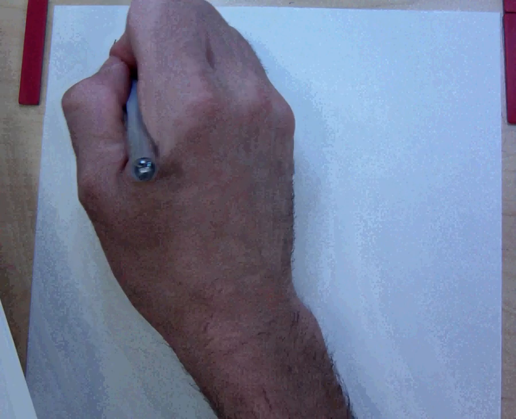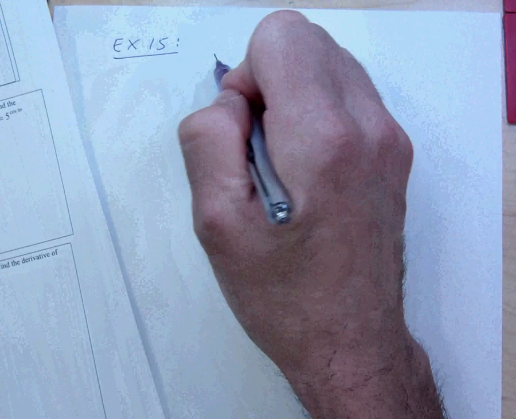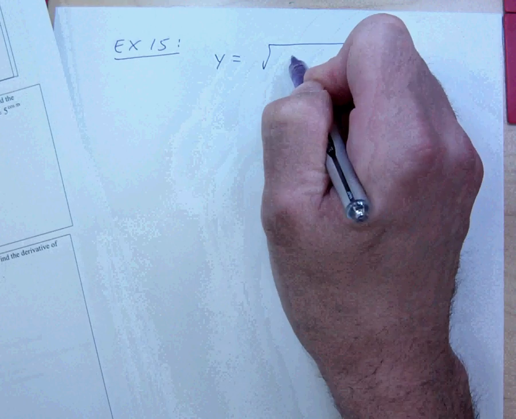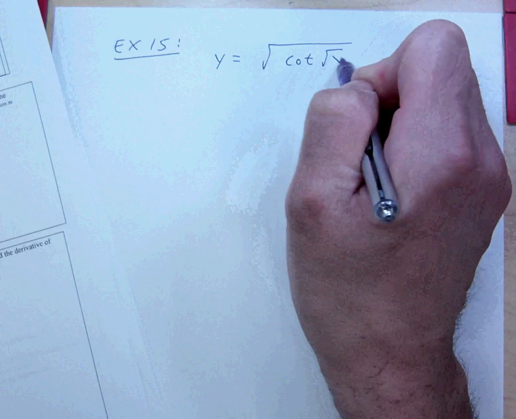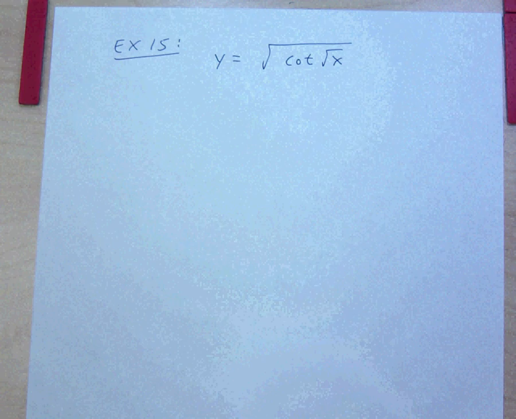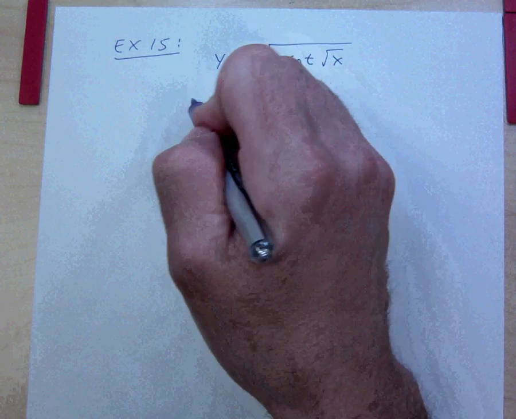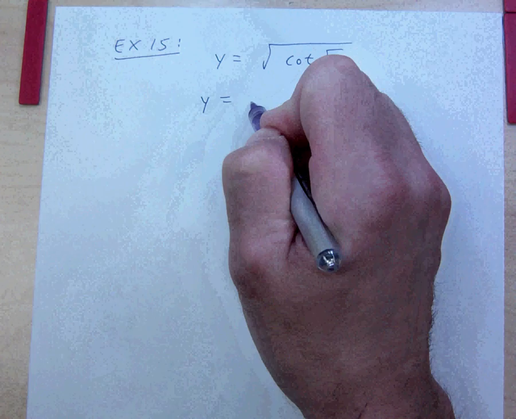And so let's look at example 15. Okay, so they're putting a little twist on it. Okay, but what I would do then before you start is to rewrite it as something like this.